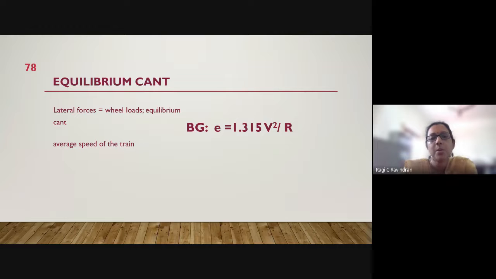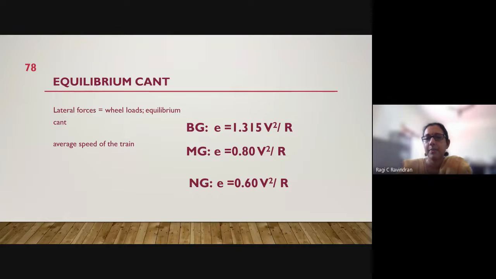In order to calculate the equilibrium CANT for broad gauge, meter gauge and narrow gauge, we have these equations. Please understand that all of these equations came from the general equation E is equal to GV square by 127 R. To arrive at these standard equations, you should know the gauge width for broad gauge, meter gauge, and narrow gauge.